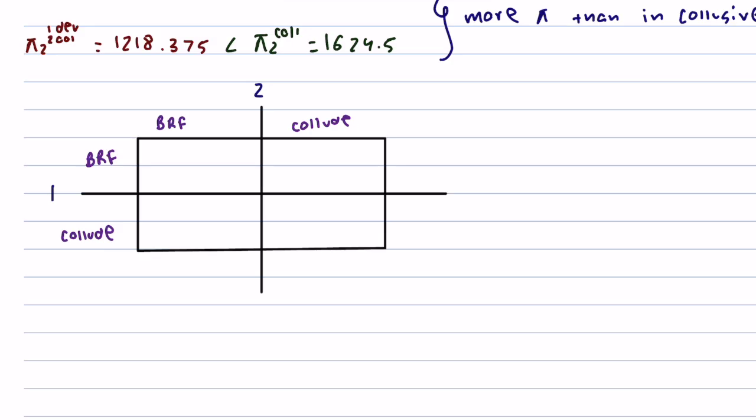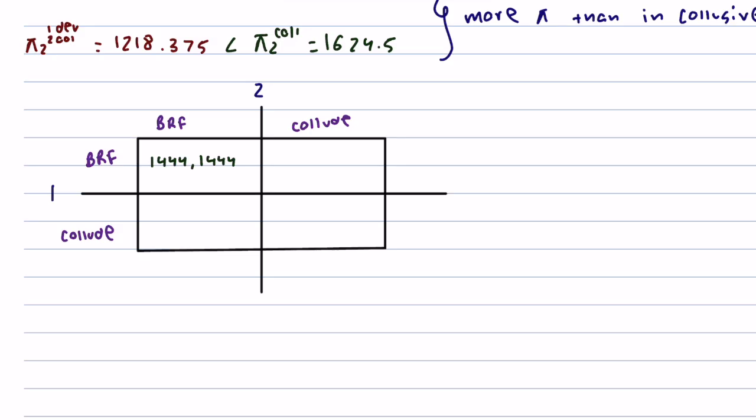here, and we'll put collude here, right? So the first two boxes that are easy to fill out are the BRF box and the collude box, right? We know that in the regular Cournot case, which was part A of our question, each firm makes $1,444, right? So firm 1 makes $1,444, which is the first number, and firm 2 makes $1,444, right?